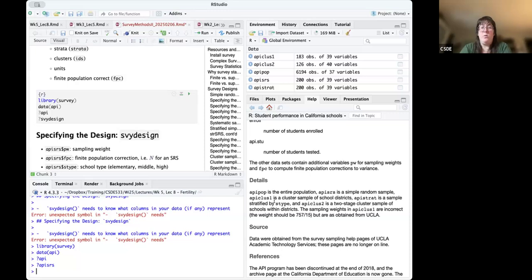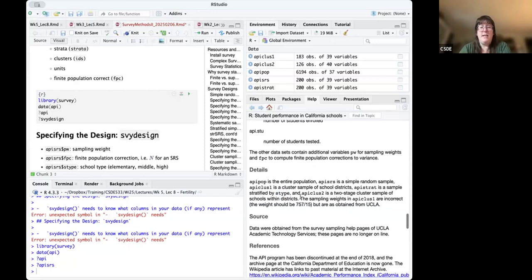In the strat variable, we see in the details and descriptions here that it's stratified by school type, elementary, middle, and high school. And then it looks like in the two-stage cluster sample, we sample schools within districts. So the first stage of clustering would be the district variable. And we see an important note that there's an error in one of these data sets.